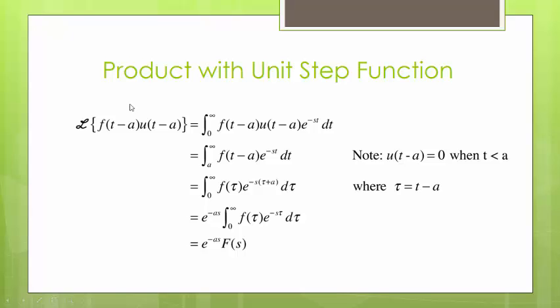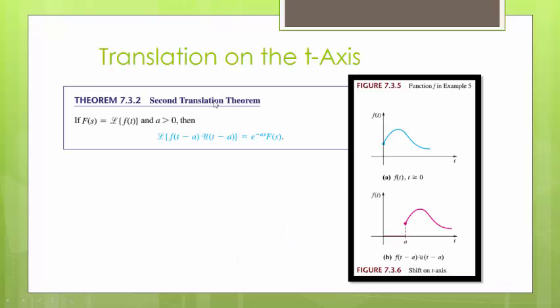What I'm doing here is showing you that for a product in this form, so you have a function times a unit step function and both are evaluated at t minus a, then the Laplace transform of that is simply e to the negative as times the Laplace transform of f of t. This is called the second translation theorem. There are a few more examples in the book. Keep in mind that it's very important to remember you do have to write that entire expression, the entire product, in terms of t minus a, which is where the tricky part will come in.